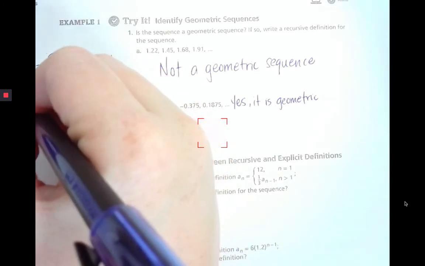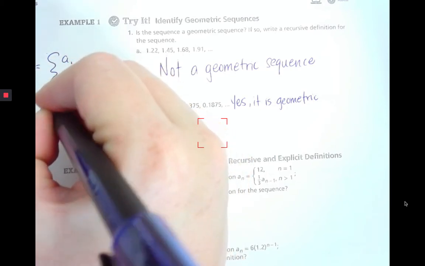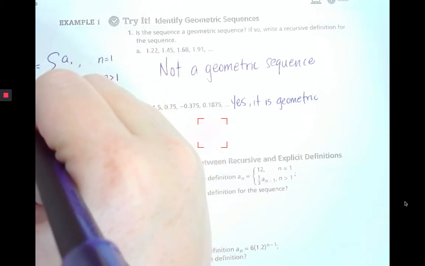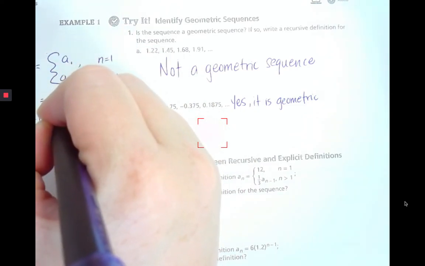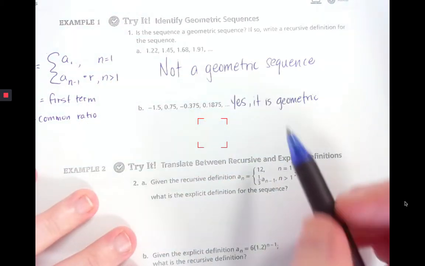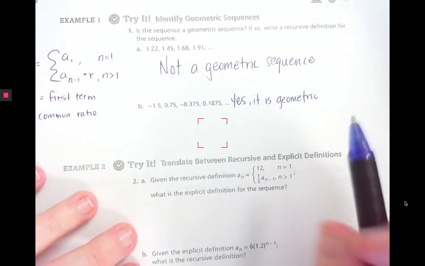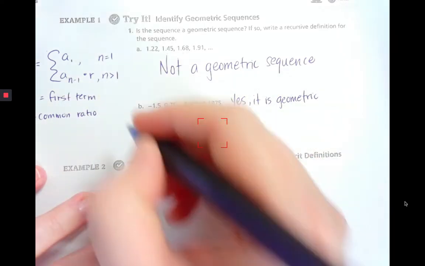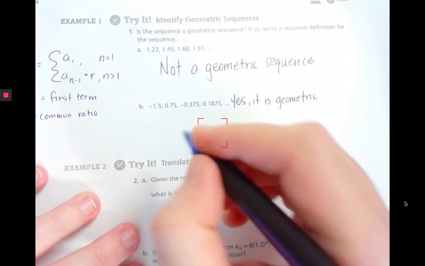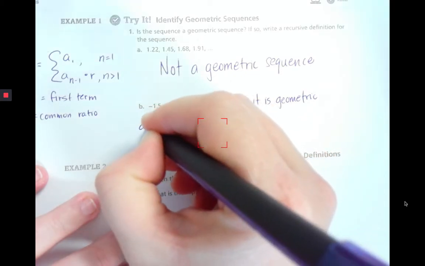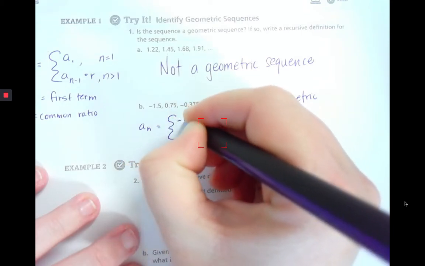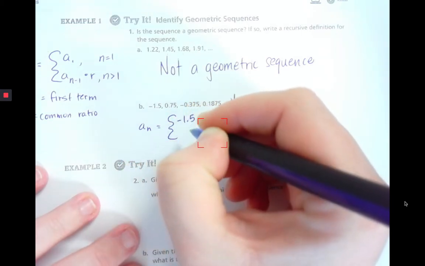We know that A sub 1 is equal to your first term, and that r is equal to your common ratio. So we're going to write a recursive definition for this sequence here. We're going to write A sub n, because we don't know how many terms, is equal to, our first term is negative 1.5.